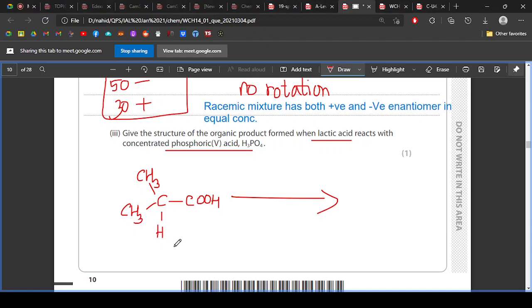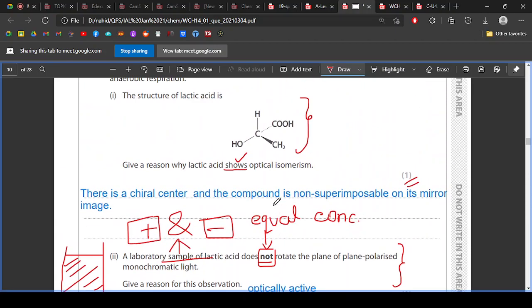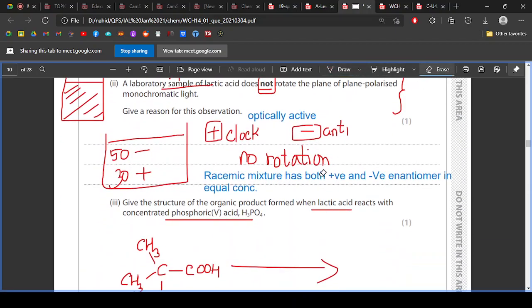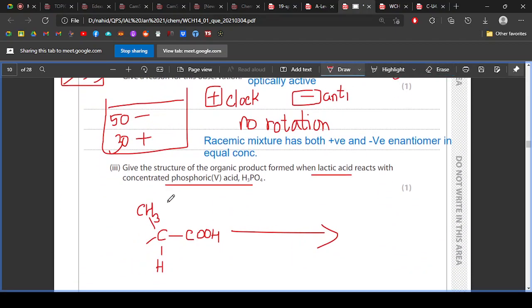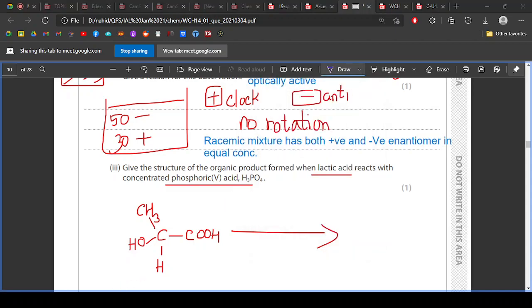So specifically, lactic acid reacts with concentrated. Oh wait, never mind. It's an alcohol. So in this structure, it gets dehydrated.